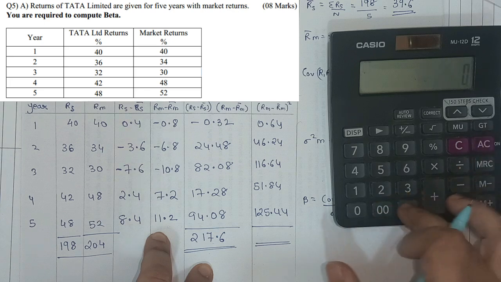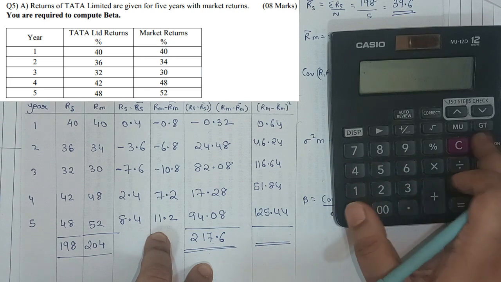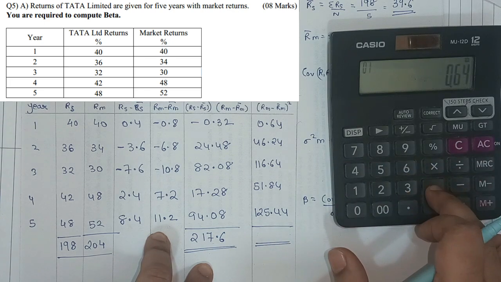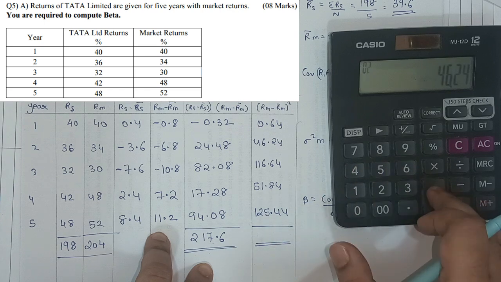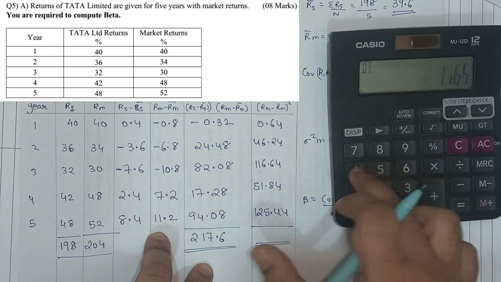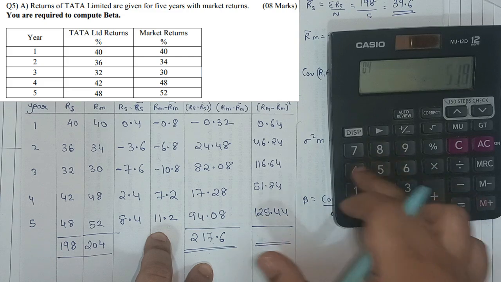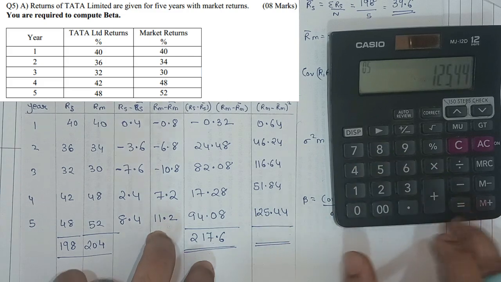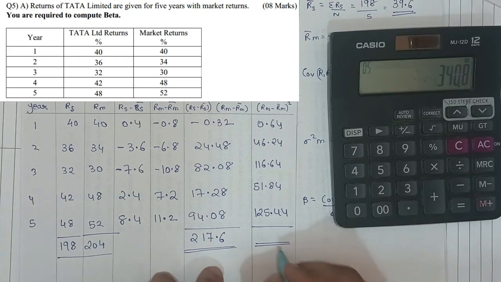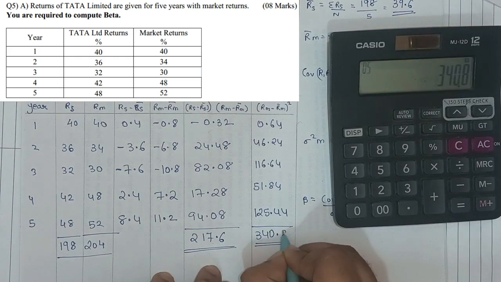We need to add up 0.64 plus 46.24 plus 116.64 plus 51.84 plus 125.44. The total comes to 340.8.